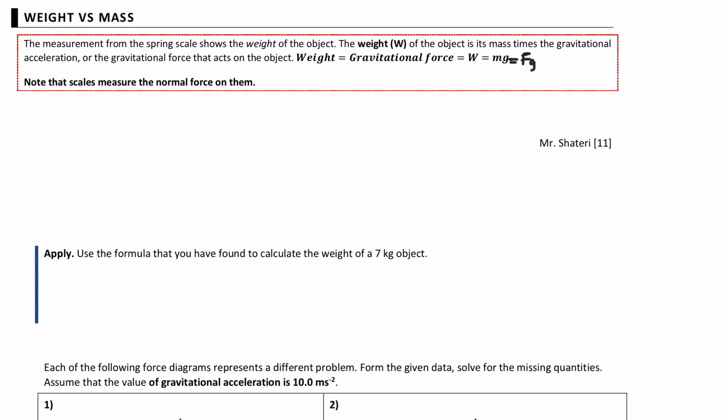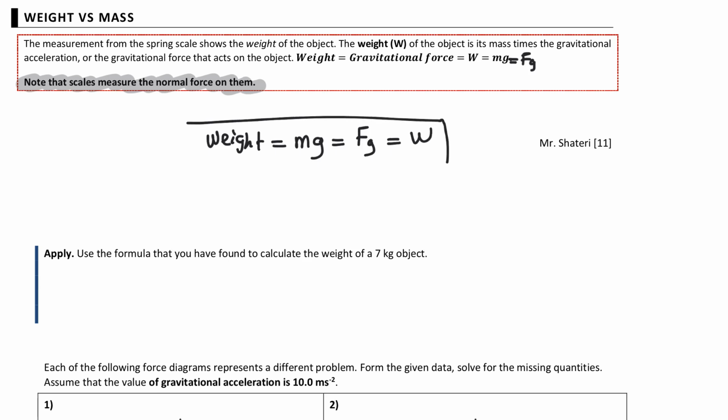Note that scales measure the normal force on them, so I'm going to highlight this as well. Very important. I'm going to write this: weight is equal to mass times gravitational acceleration. This is also written like this, and sometimes written like this. Note that this is also just the magnitude, and we're not actually using a direction.